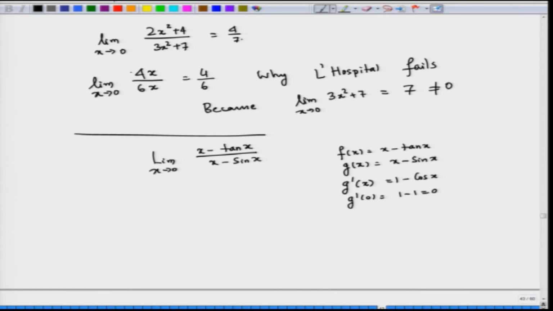So, maybe we may want to have a stronger version of L'Hopital. So, that is what is next.